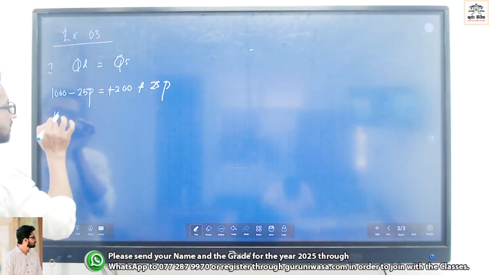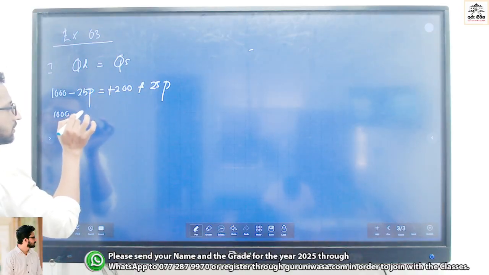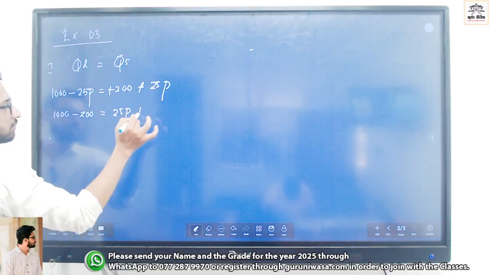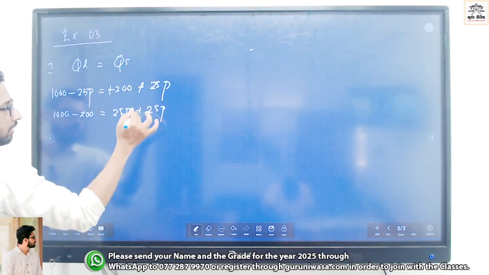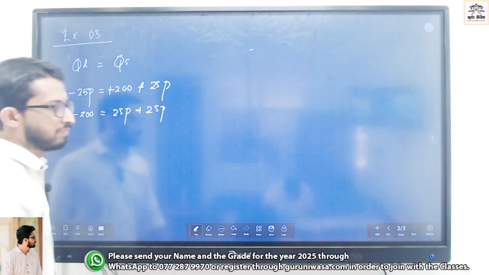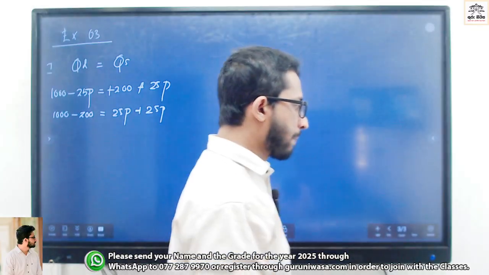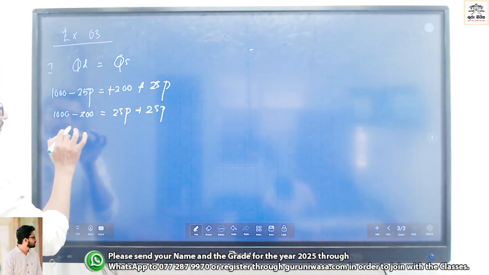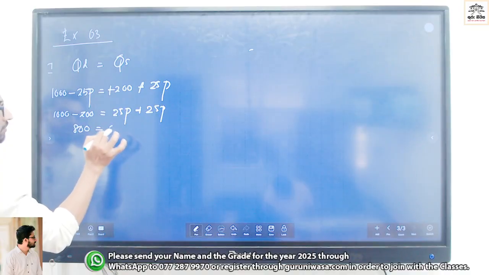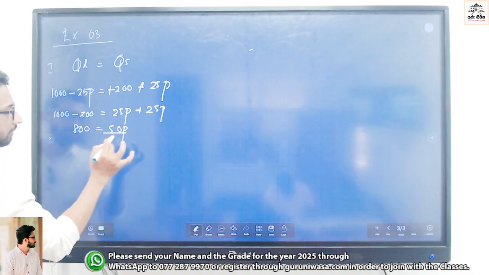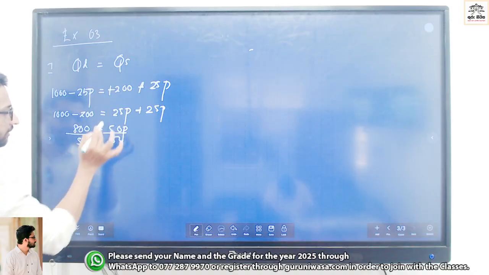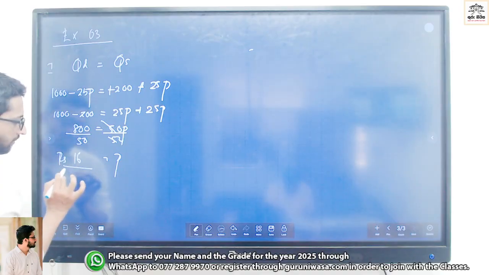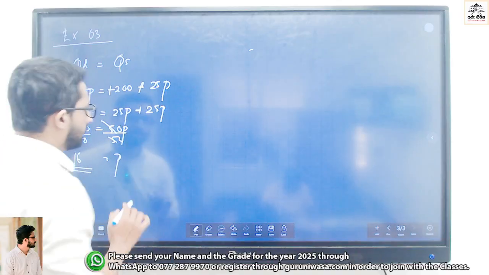Then, Lamai, 1000 minus 200 equals 25p plus 25p. Kalana, Deepna, send me a photo. Sir, I sent. Good. Then 800 equals 50p, divided by 50, p equals how much, Lamai? 16 rupees, right?